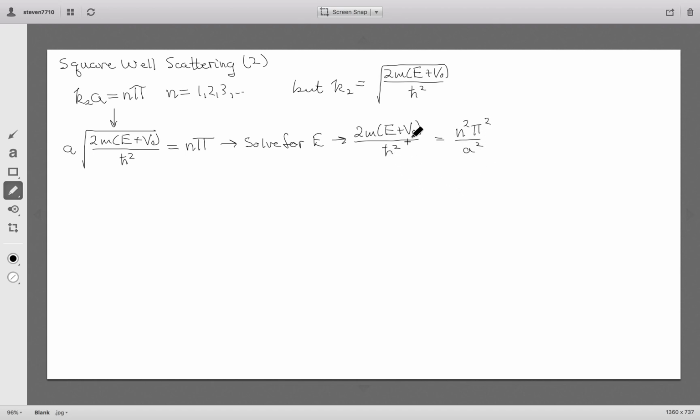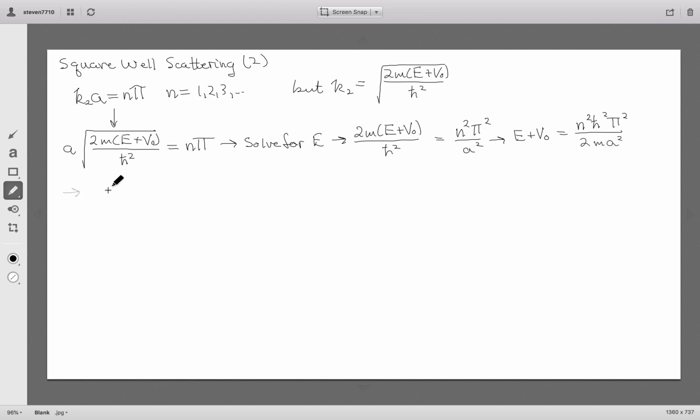And then multiply both sides by h bar squared, divide both sides by 2m, and we'll be left with E plus V0 equal to n squared h bar squared pi squared over 2m a squared.